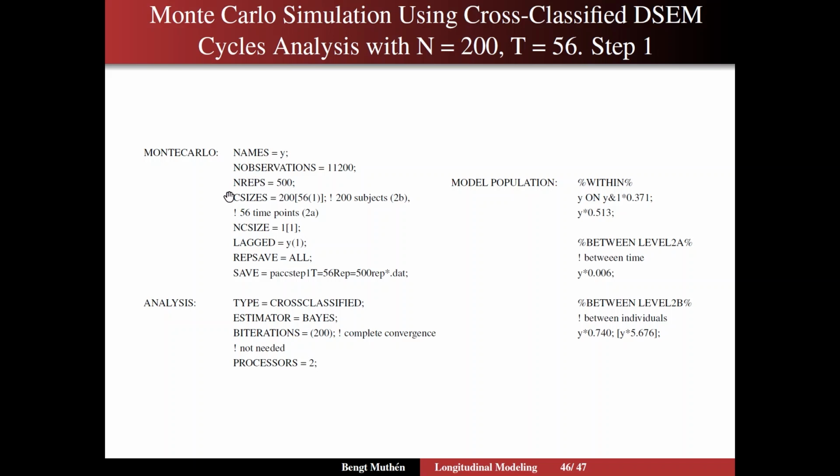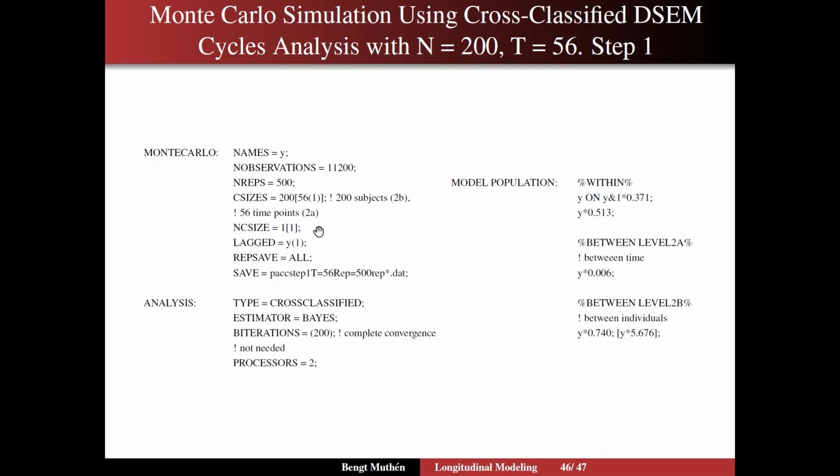And in cross-classified DSEM, we set up the cluster sizes a little bit differently, but you recognize the 200 people, 56 time points, and then you put 1 in parentheses here, and number of cluster sizes, you write like this.